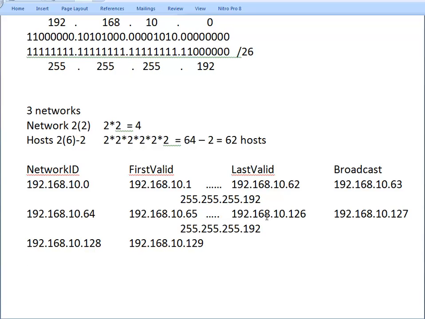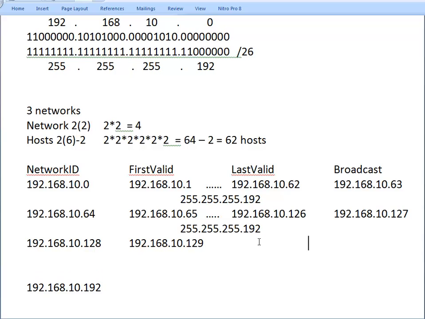Again, to find the last valid address and broadcast for this network, it's easy if we find the network ID of the fourth network, which is going to be 192.168.10. That doesn't change. The only thing we can change is the fourth octet. Separation between ones and zeros is happening here, and this bit again is representing 64. So we have to add 64 to the last octet. So this will be 192.